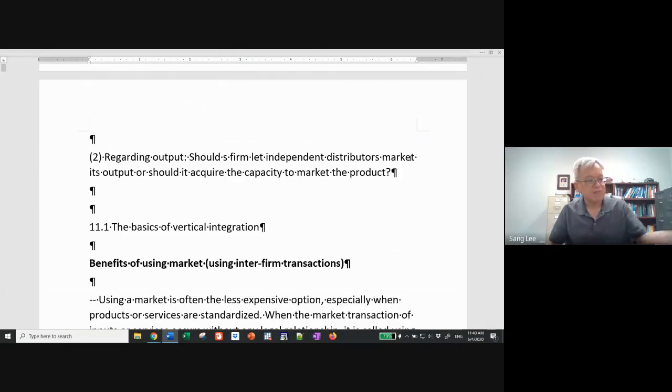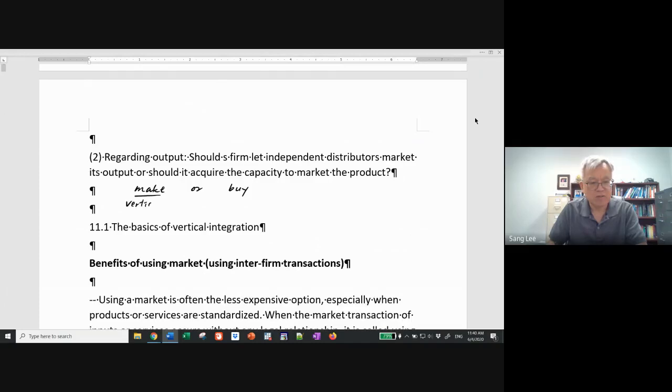So in essence, these two decisions, one is regarding input, the other is regarding output. These decisions are in essence make or buy decisions. So here, what do you mean by make?